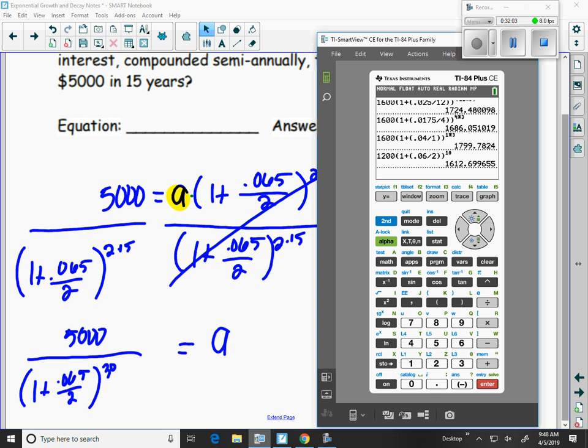So you're basically just dividing something out and solving for a variable. You should get 1915.44.